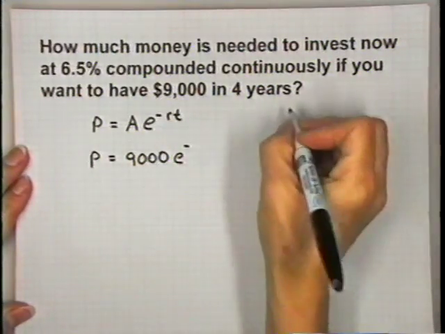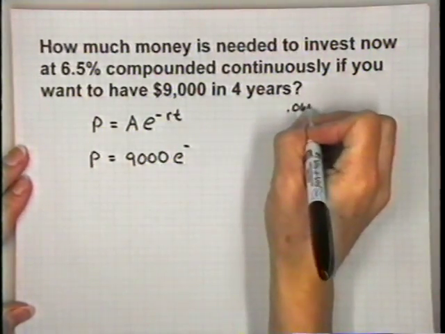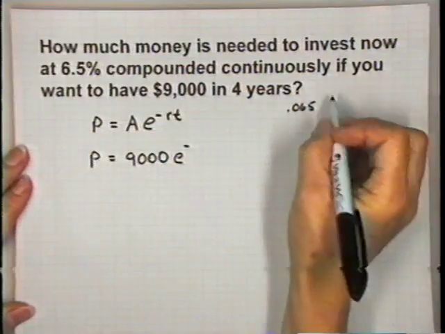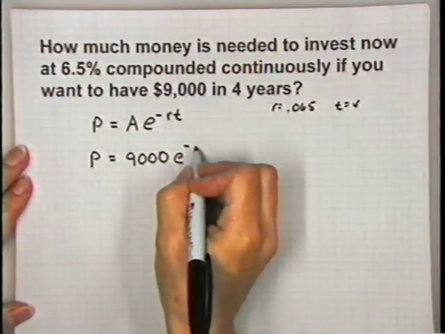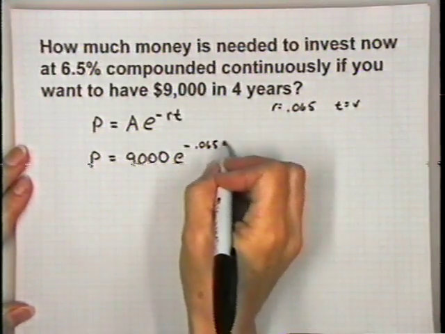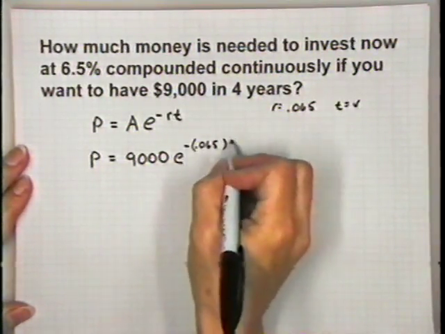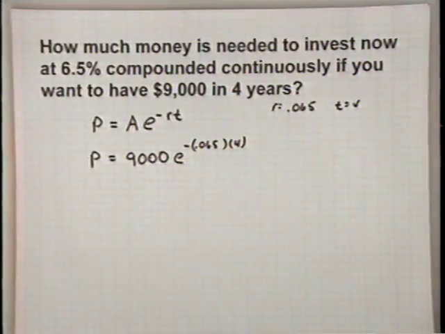Our interest rate is 0.065, when we change to a decimal, and our time is 4 years. Okay, so up here we have 0.065 times 4. Well, let's see if we can calculate this. I'm going to do 9,000 times, I'm going to get my e, and now because I'm going to do a calculation, I'm going to do a parenthesis here.